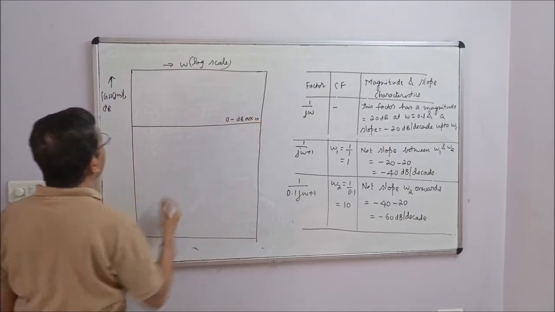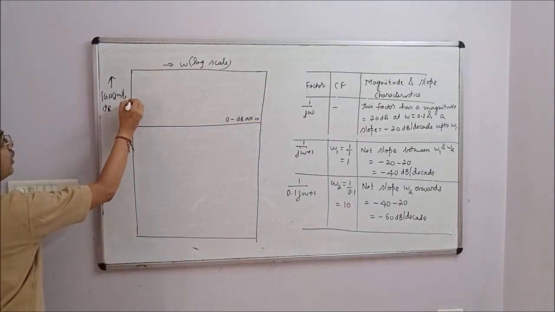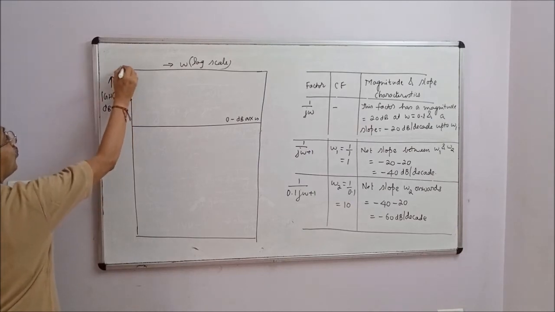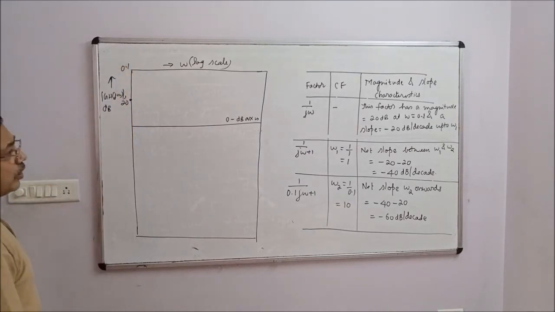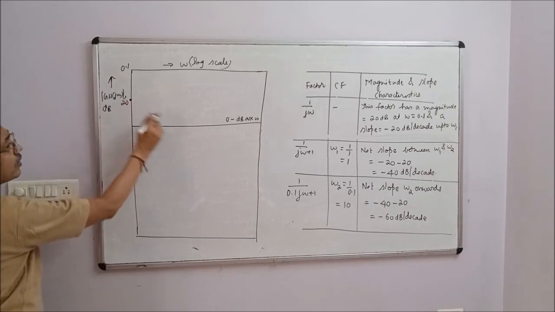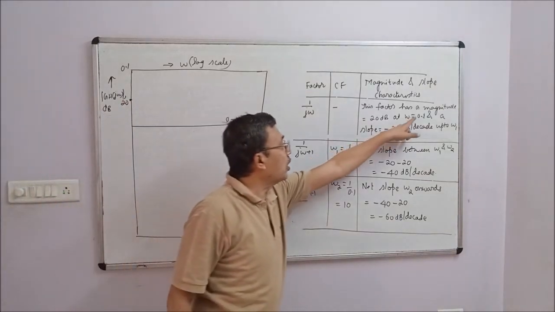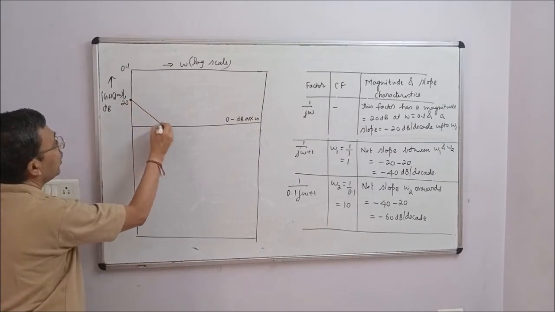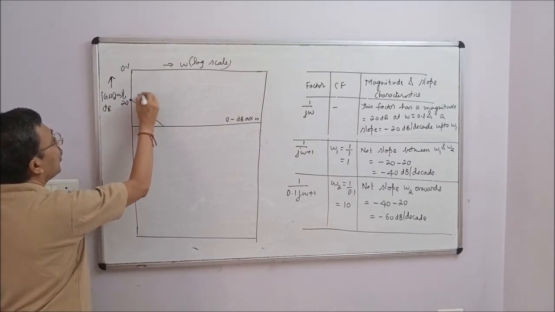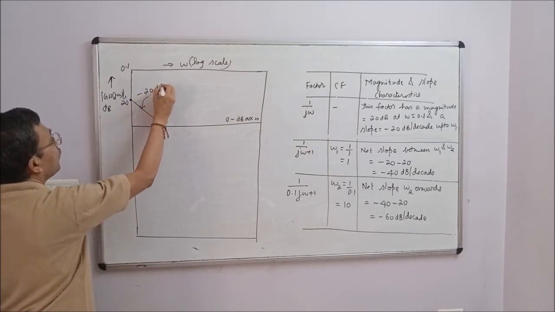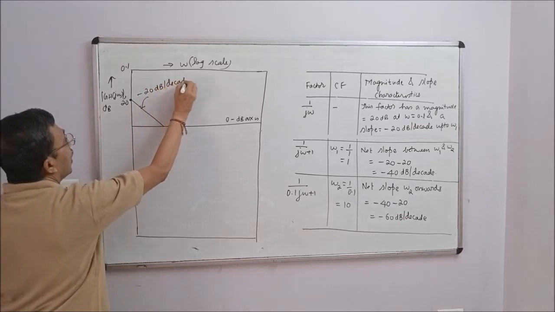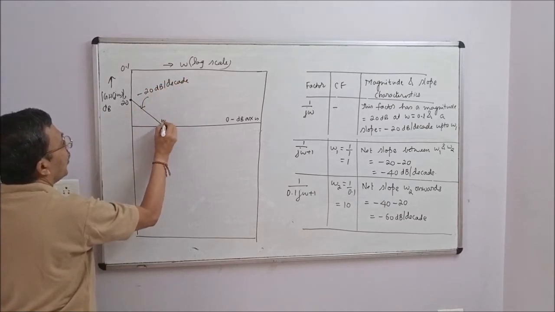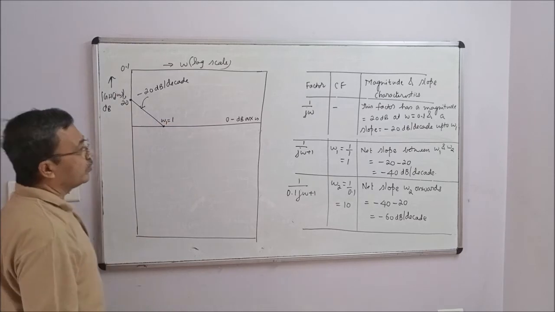At omega equal to 0.1, the magnitude is 20 dB, and it has a slope of minus 20 decibels per decade up to omega 1. Omega 1 is nothing but 1.